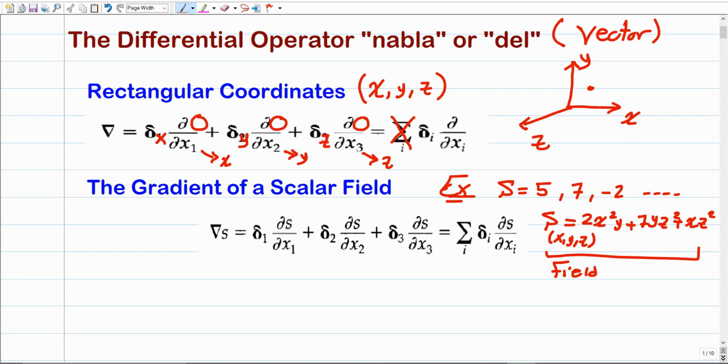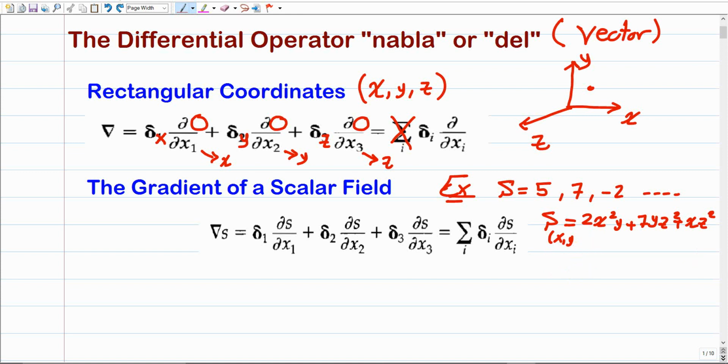A field is simply a function of space. If we are working in rectangular coordinates, this field is just a function that describes a specific physical phenomenon in the x, y, and z coordinates, as shown in the example of S as a function of x, y, and z. So this is the meaning of a scalar field.